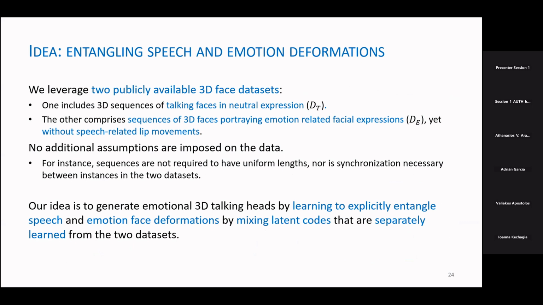Most of the systems that try to do this basically use 2D videos, because it is difficult to have 3D sequences with actors, with people that pronounce the same sentence but with different emotions. So to circumvent this problem, in many studies, researchers have resorted to using 2D videos, because there is a large amount of this material.